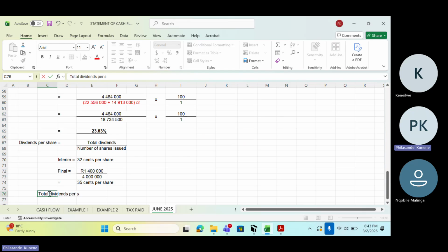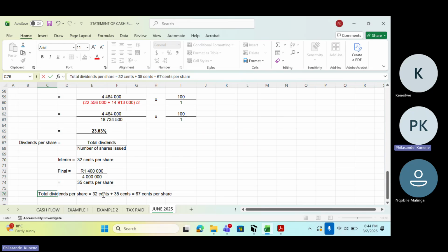So now the total dividends per share ends up being how much? Remember, that is the interim plus final. So it's going to be 32 cents plus 35 cents. How many cents are we getting in total? 35 plus 32, we end up getting 57 cents per share.